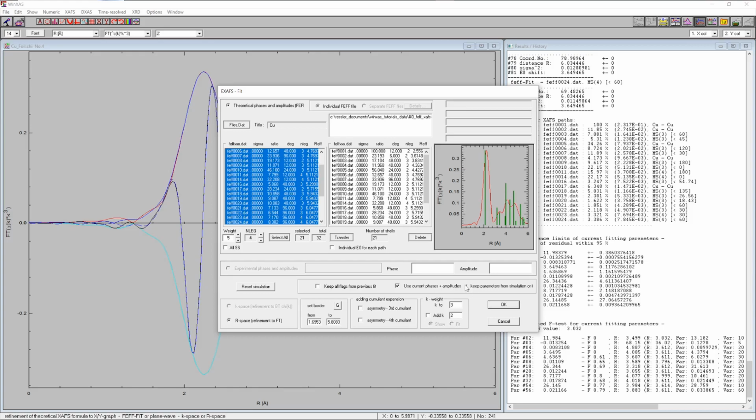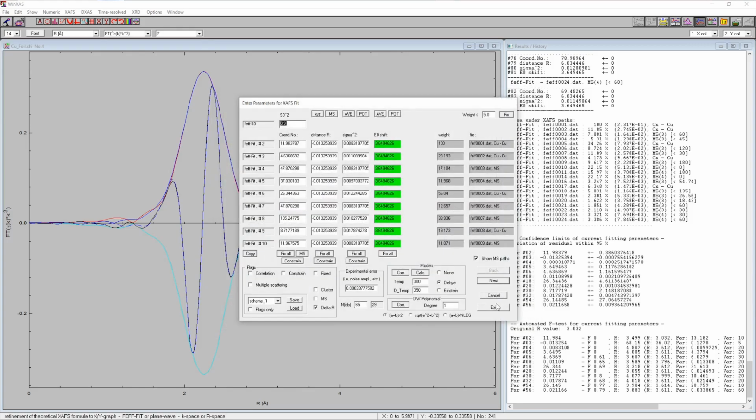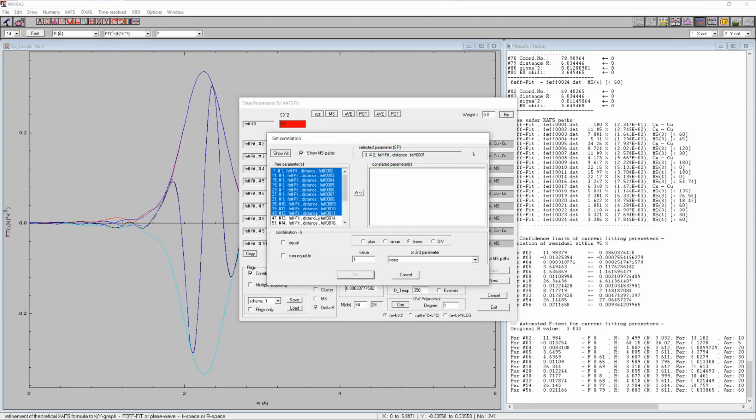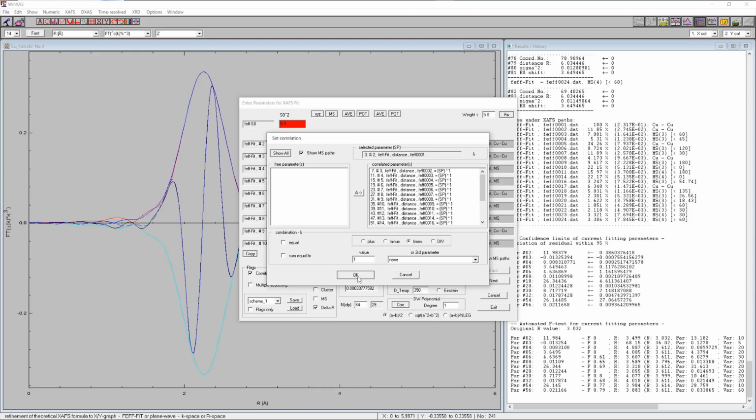We can keep the parameters. For now, we just need to input other constraints and correlations in the refinement. So we are going to fix the amplitude reduction factor, and we are going to correlate all the delta R's to be the same.